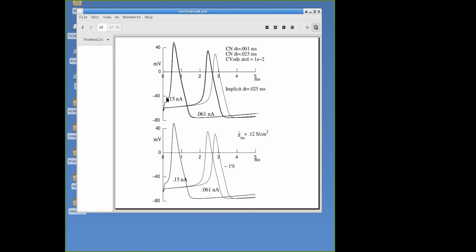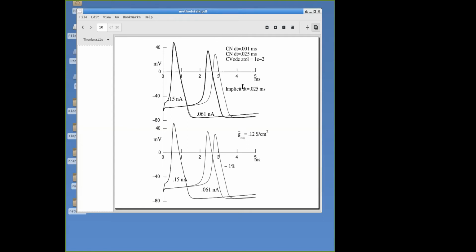And we generated basically 4 solutions here, and the methods that were used: one of the methods used was the fixed time step, the backwards Euler method, with a time interval of 0.025 milliseconds, 25 microseconds.